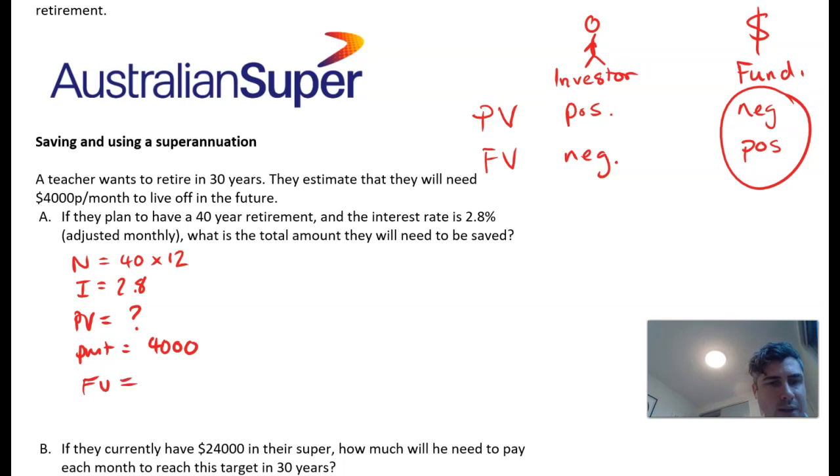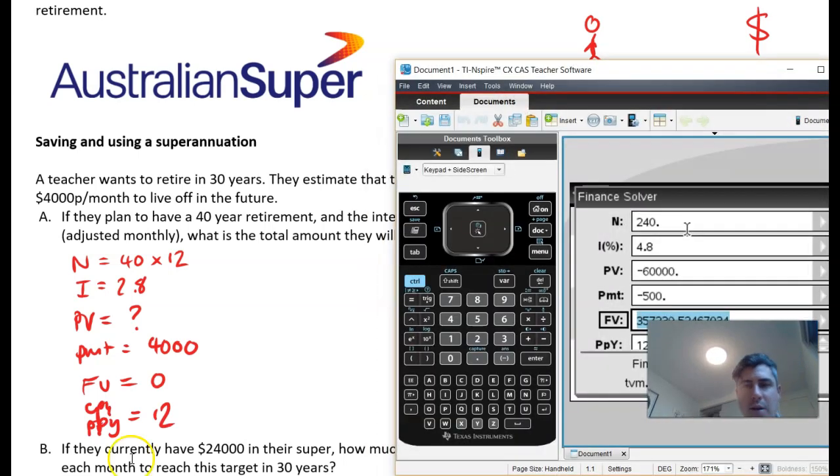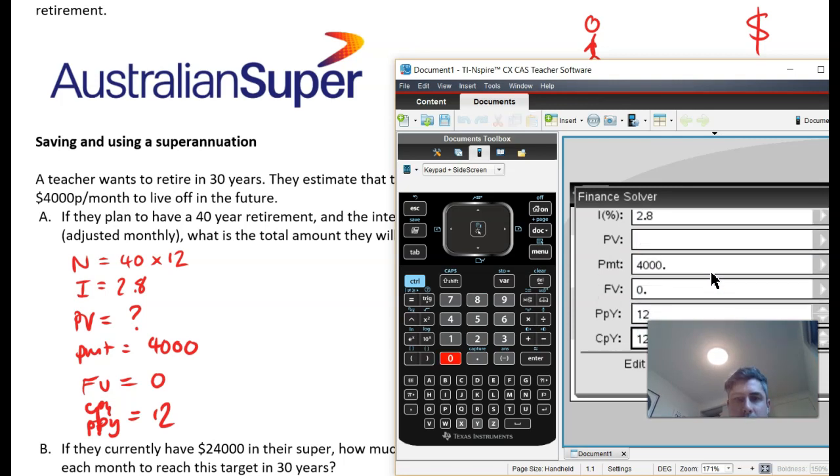FV equals 0, because it's going to run right down to 0 at the end of the 40-year retirement. And then that's 12. Okay, so let's put that into the calculator. So we've got 40 times 12, 2.8, unknown, 4,000, 0, 12, 12.